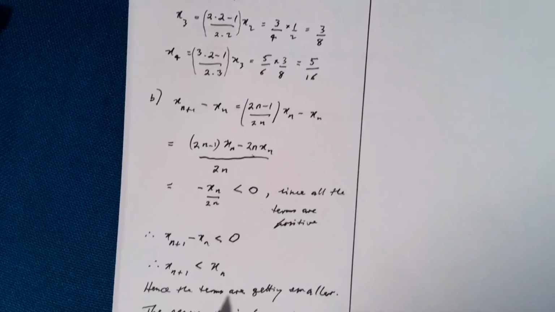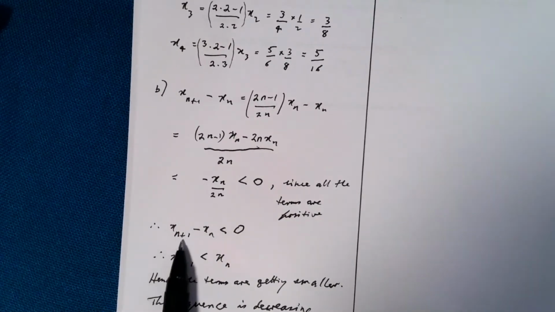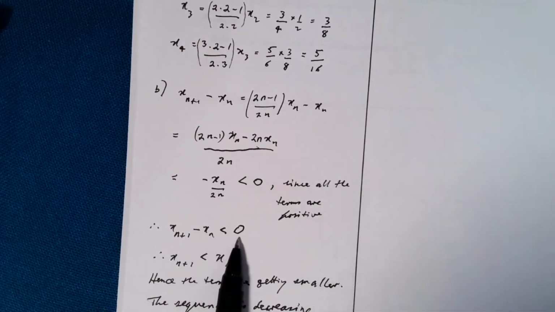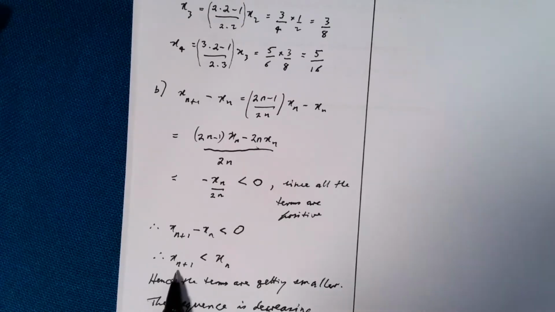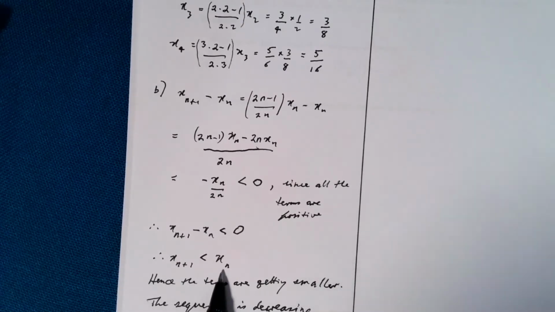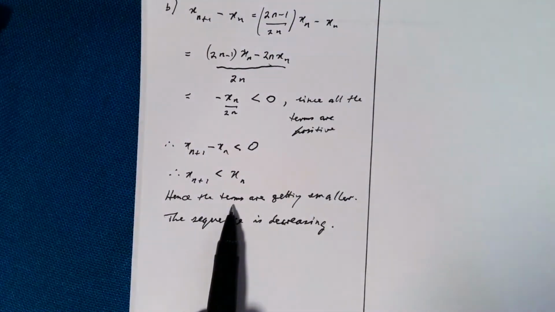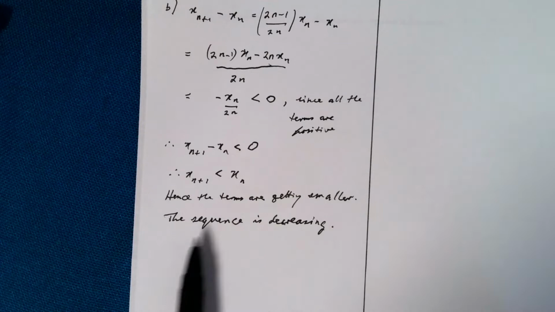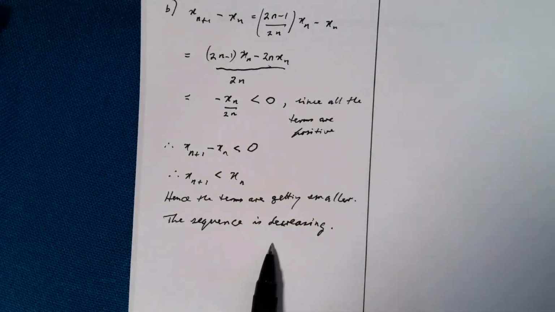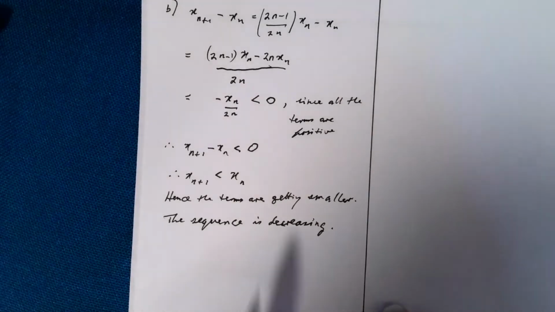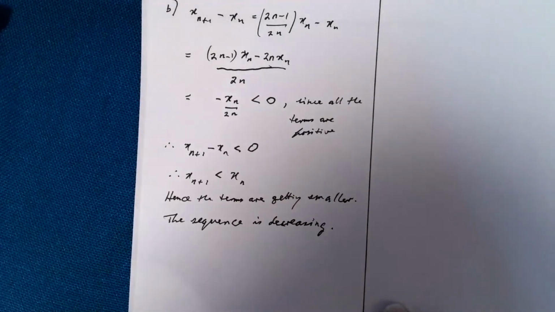Summarising, we've shown that x_{n+1} minus x_n is negative, and that says x_{n+1} is less than x_n. In other words, each term is less than the one before it. Another way of saying that is the terms are getting smaller. In analysis, we say this sequence is decreasing.